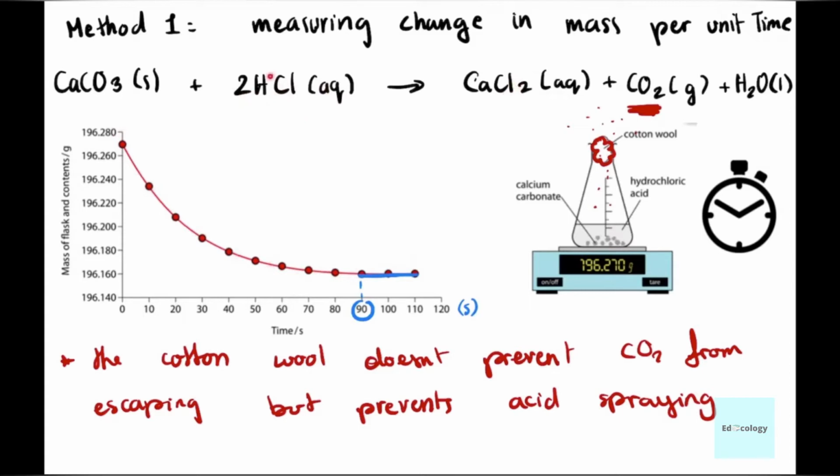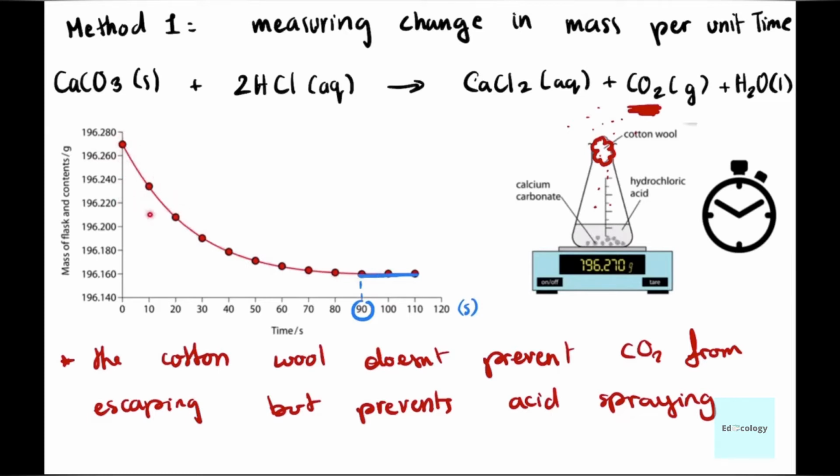Now, if these reactants are turning into products, don't you think that the amount of reactants will decrease and the amount of products will increase, which makes sense, okay? So since the concentration of reactants is decreasing, the graph will look something like this. But remember, at the beginning, the reaction is the fastest, okay?